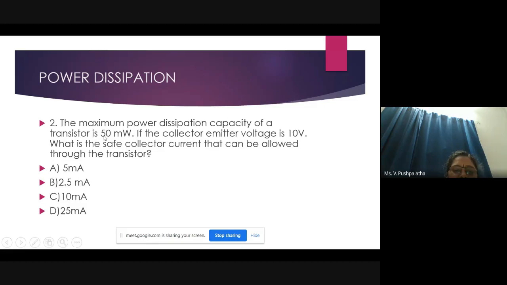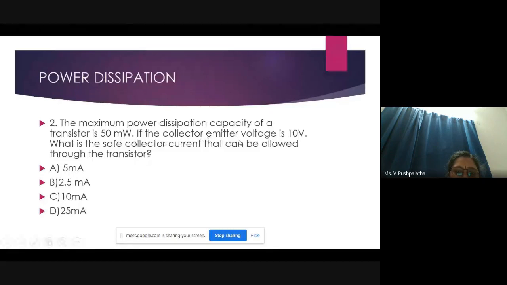It is a 50 milliwatt power dissipation, that is 50 percentage of dissipation. They had given the maximum power, so 50 percentage of power dissipation is taking over. So it means it is a class A power amplifier. Okay, so in the class A power amplifier, you should check what will be the output.